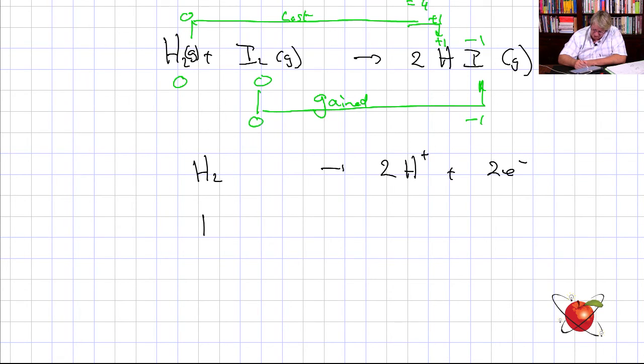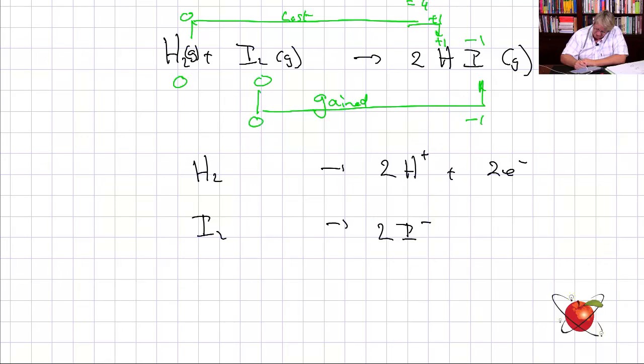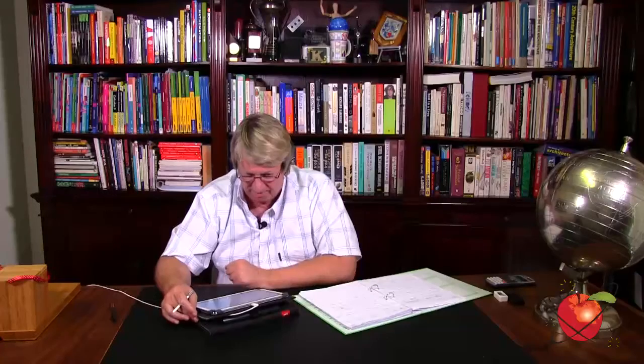And the I2 over here went to I minus, okay, and what did it do? But hang on, there's 2 of those, so I must have 2, remember? These 2 split up into 2 individual negative ions, don't they? And 2 electrons are over there. In this case, you can just add them and you'll get the final reaction coming out.